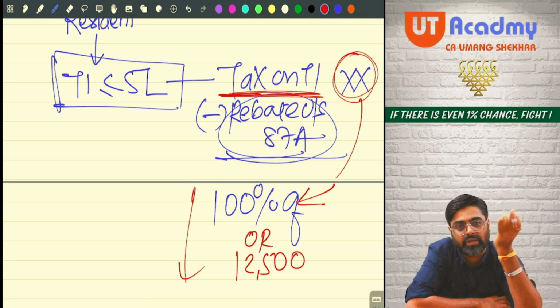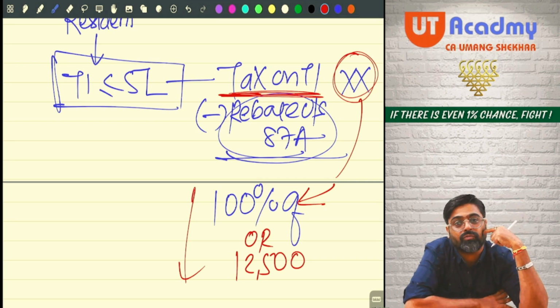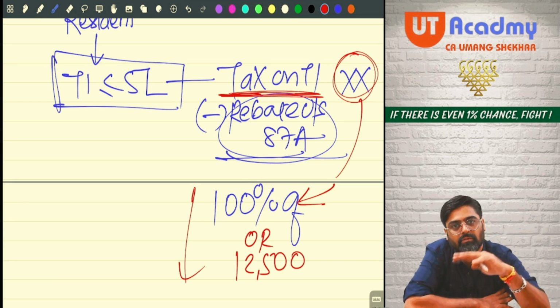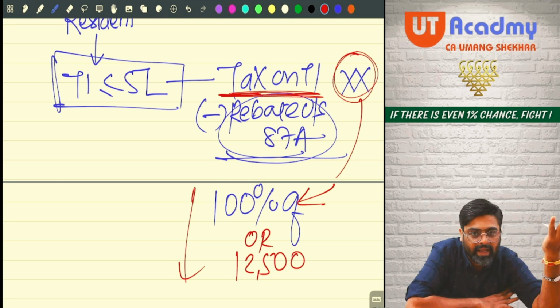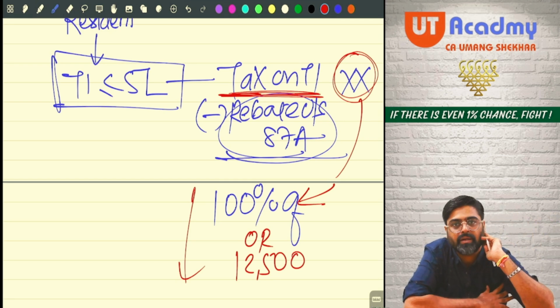So out of 10,000, take the rebate of 10,000. How much tax you will pay? 0. What if your tax calculated is 11,500? 11,500 or 12,500, whichever is lower, 11,500, you will get rebate. So the tax was 11,500, rebate is also 11,500, no tax is supposed to be paid.